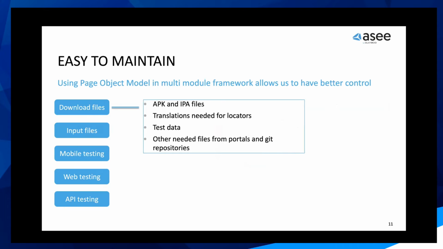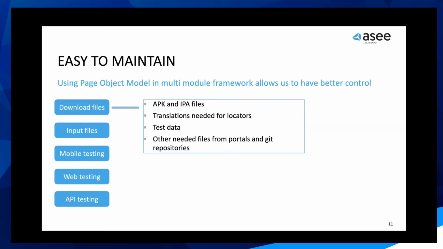So we made a class that downloads the CSV file from our Git repository, and then transforms those keys and values into a class that contains public static strings, which you can use in locators. So what happens here?